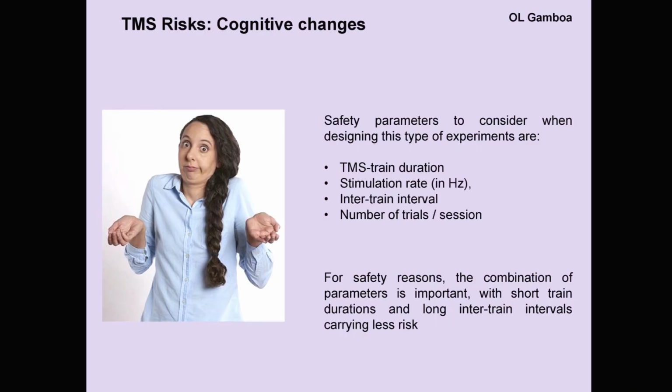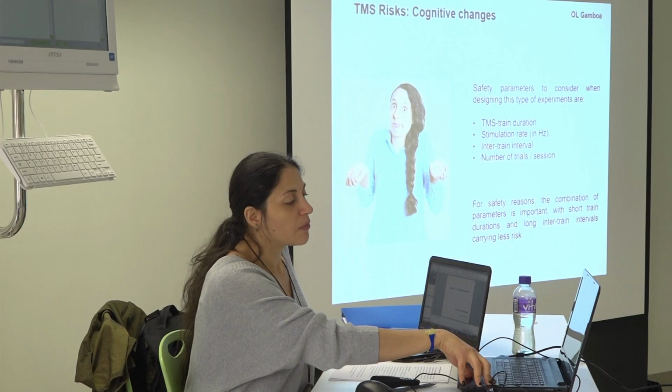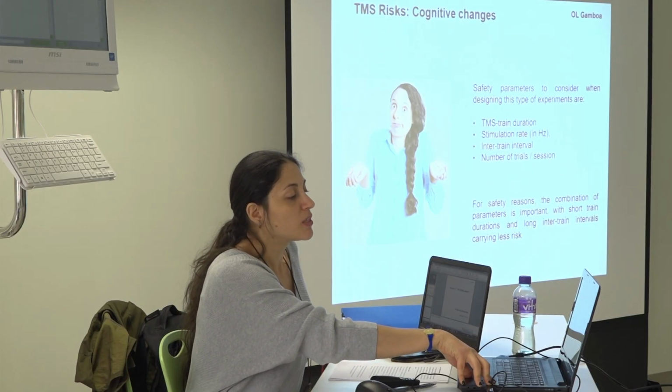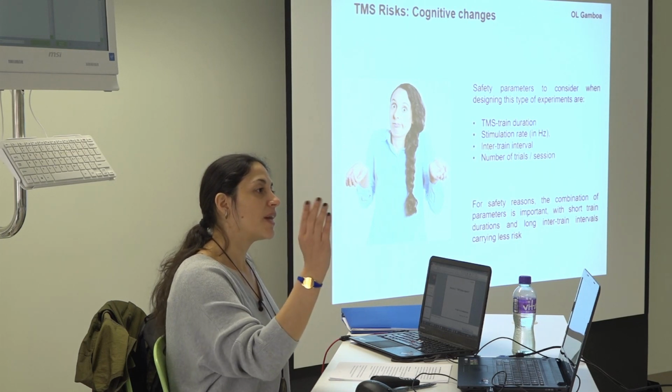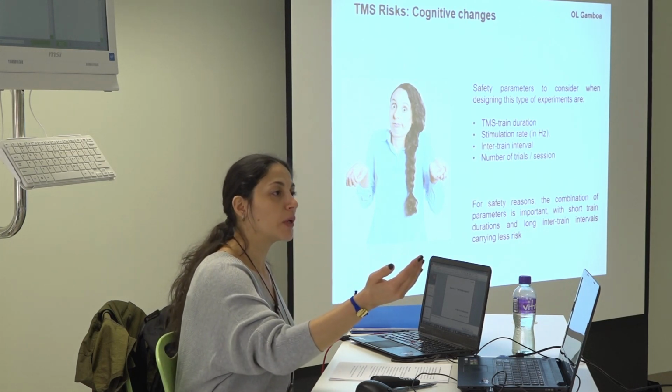When you want to do this type of experiment, you need to check the TMS train duration, stimulation rate, intertrial intervals, number of trials, and the session. When I'm planning an experiment, it's very important that I check how many pulses I'm going to apply as well, right?